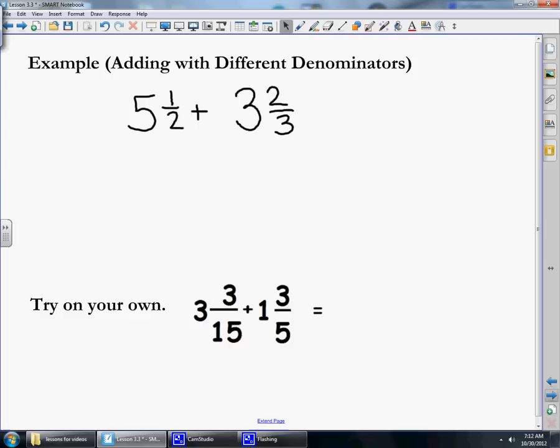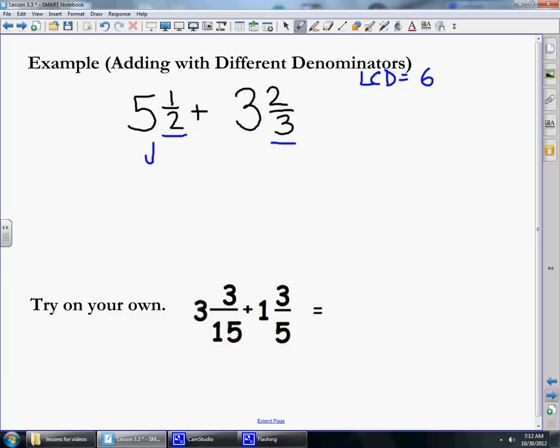Mixed fractions might have a different denominator. So what do we do when we have to add mixed numbers with a different denominator? You remember, we need to make sure we come up with the LCD, the least common denominator. And in this case, it would be between 2 and 3. So the least common denominator would be 6.